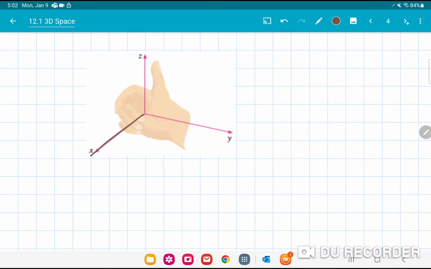From the x-axis, the fingers are going to the positive side of the y-axis, and then the thumb is going to the z-axis. Okay, that's what the positive z-axis should be. Now, the units on the x-axis, the tick points on the y-axis, and the tick points on the z-axis, the positive points are like so. Okay.